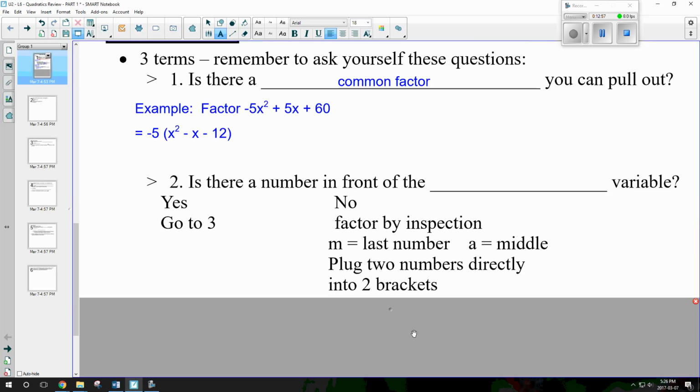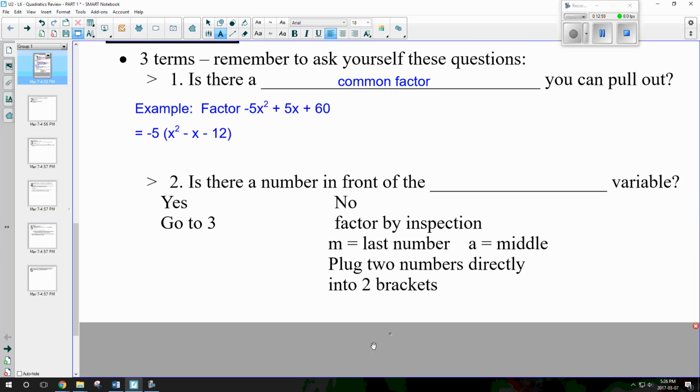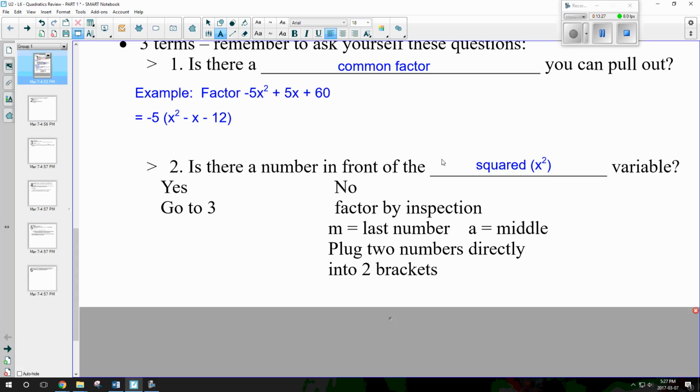The second step then is to determine, is there a number in front of your x squared variable? Because remember, that determines whether we can go the easy route or whether we have to go into the harder route.